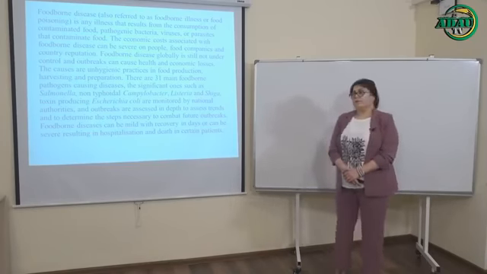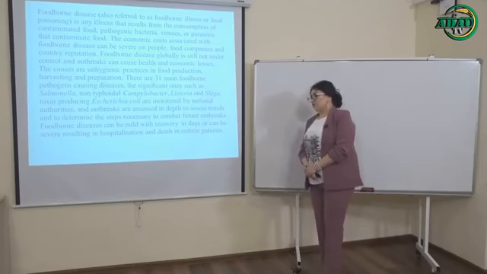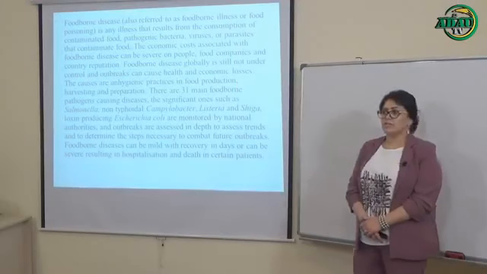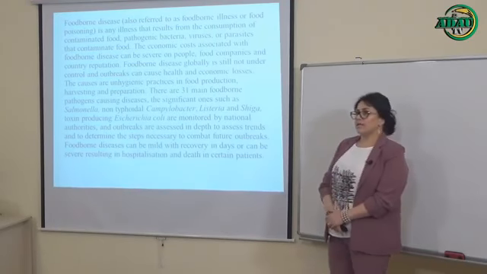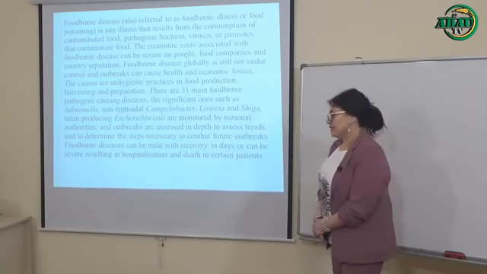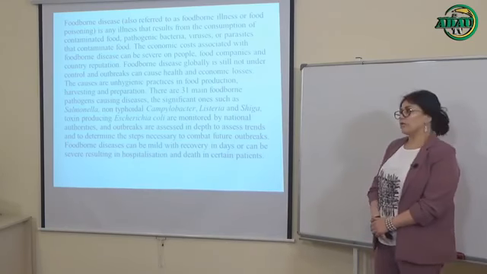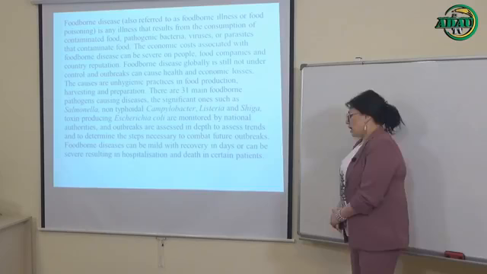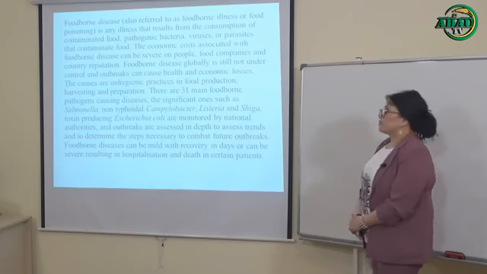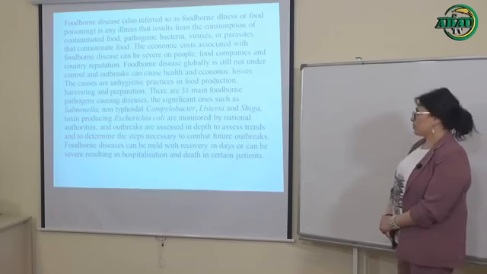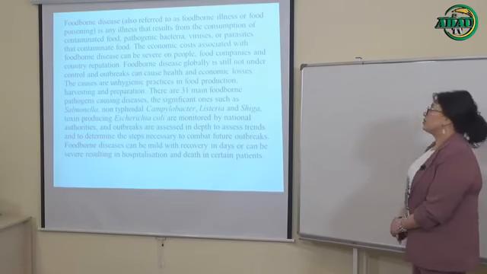As you remember, in our previous lecture we talked about food contamination, and we mentioned, just reminding our students, that there are 4 ways of contamination. In the other slides I will remind you about these ways of contamination, but for now let's continue with the definition of food poisoning.